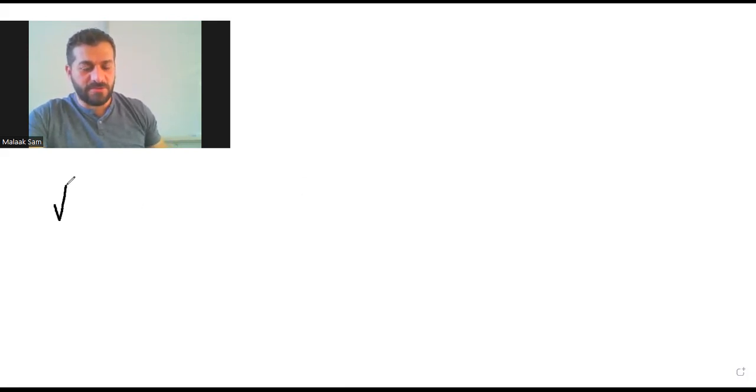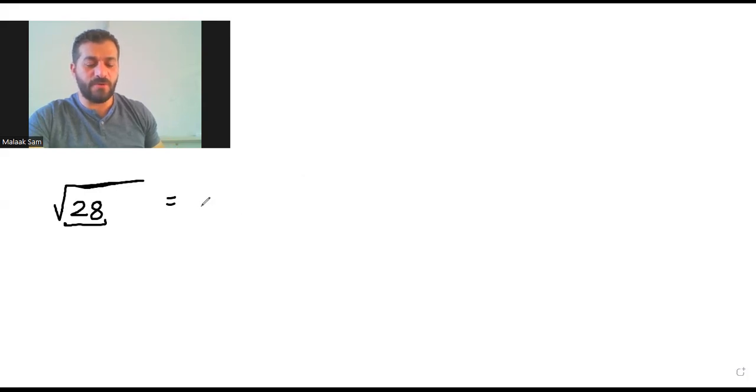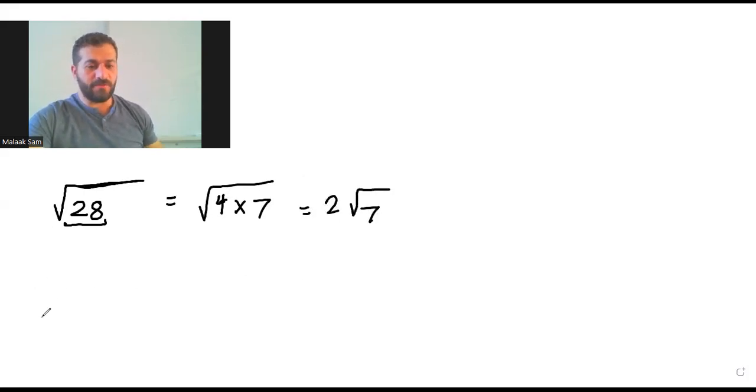If I ask you about the square root of, let's say, 28: if you write it on the calculator, you will find that it's 2 root 7. Why? Because we can write 28 as 4 times 7, and the square root of 4 is 2, so it's 2 square root of 7. What if I have the square root of negative 28?